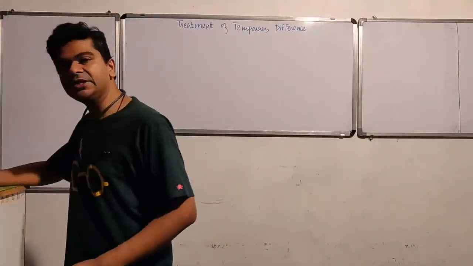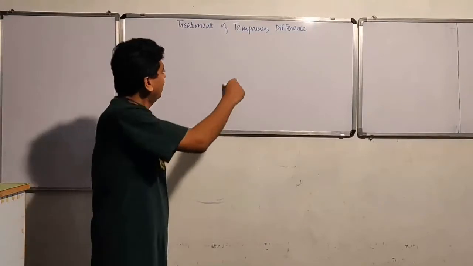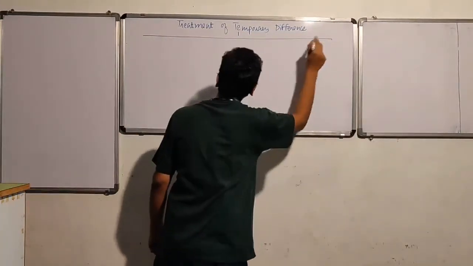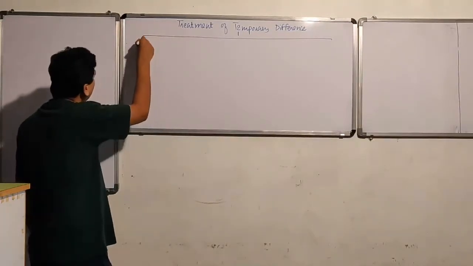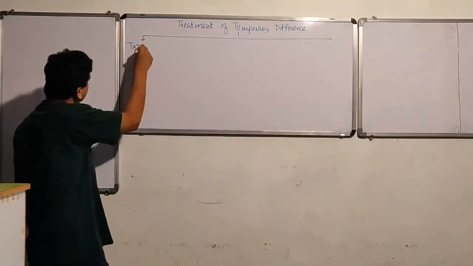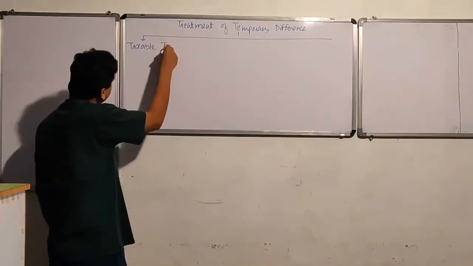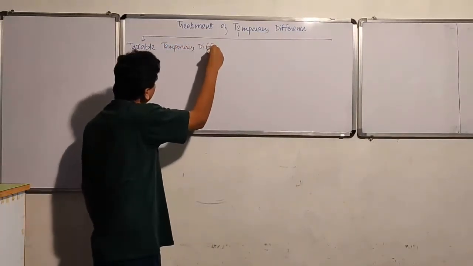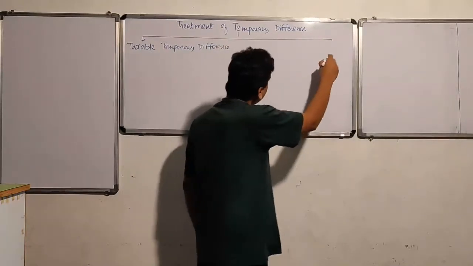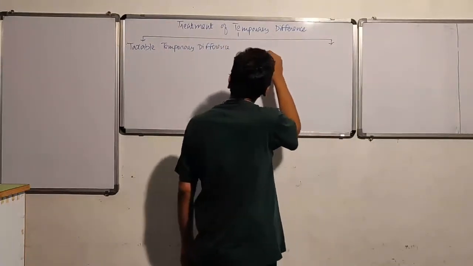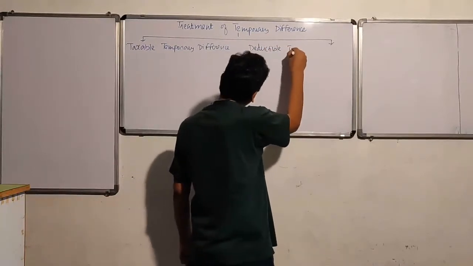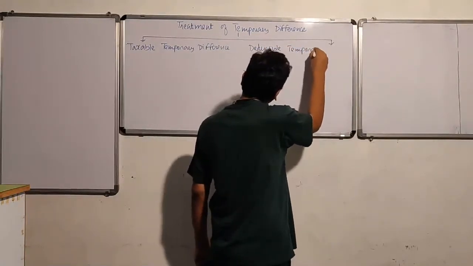Now, as far as Ind AS 12 is considered, temporary differences are classified into two categories. One is known as taxable temporary difference, and the other is known as deductible temporary difference.